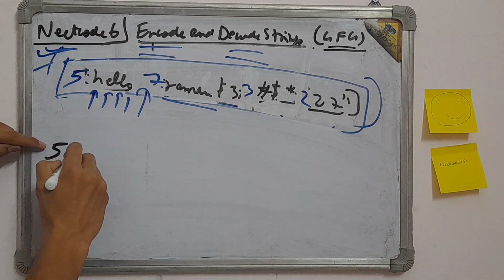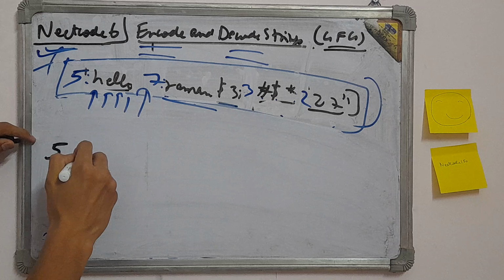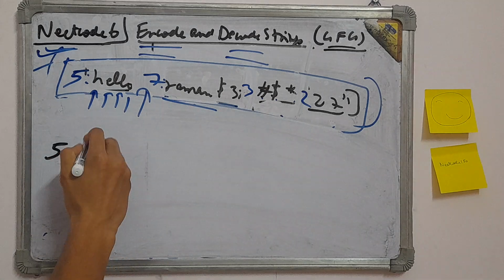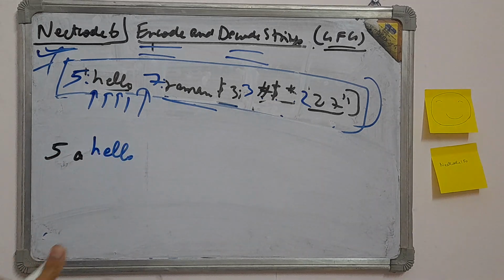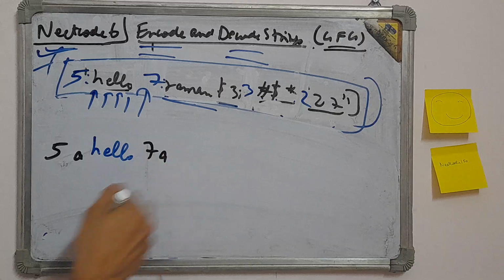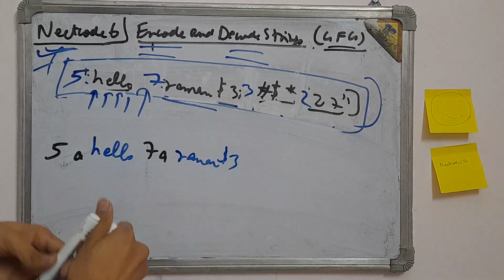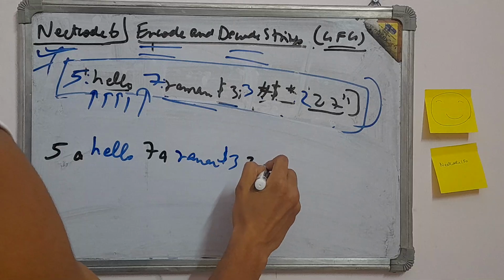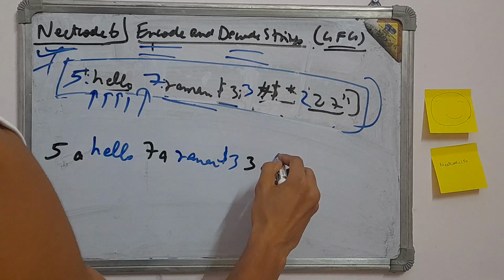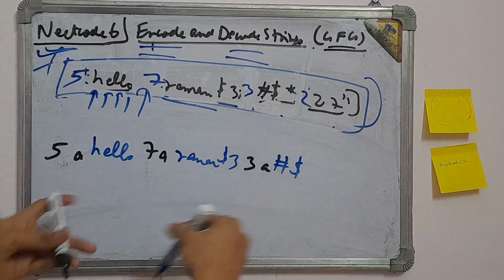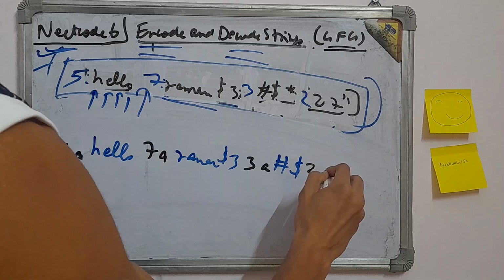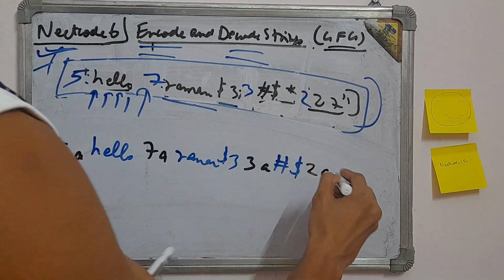So let's say the delimiter is A. That means length, then delimiter, then the string, then length and delimiter, and then again the string, Raman $3, then length and delimiter, then the string hash $, then again length and delimiter, then again 27.